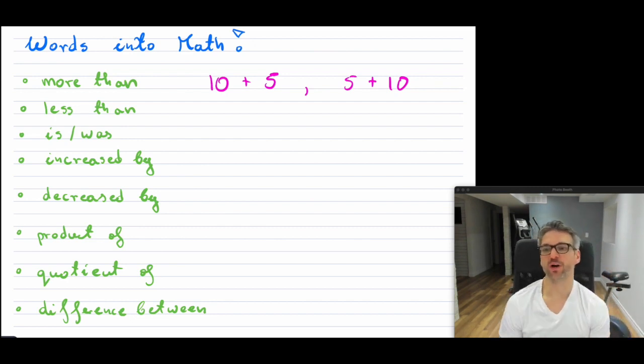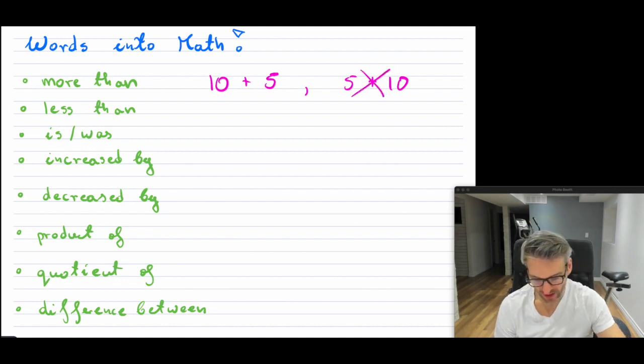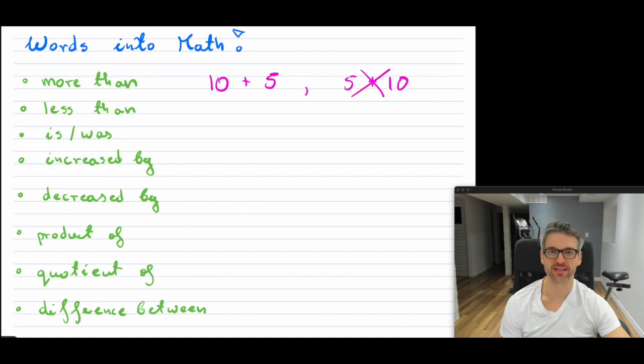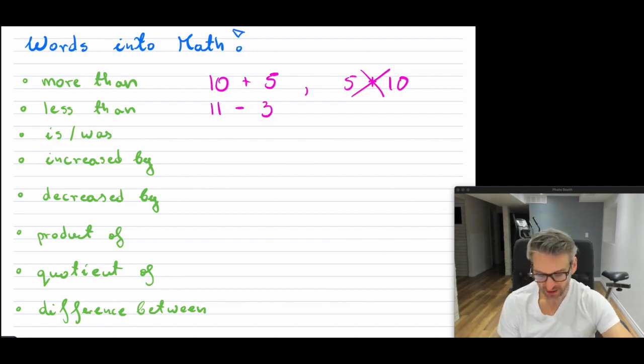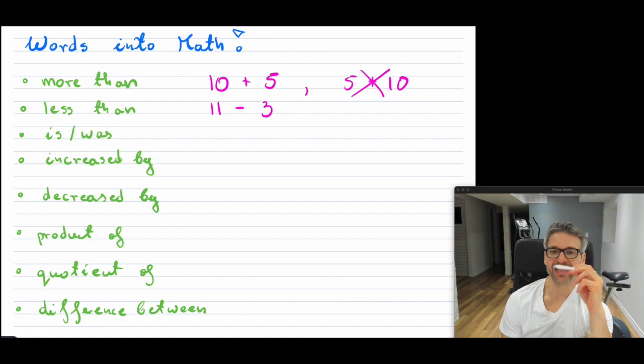Now, the second one is "less than." Just like more than, when you say less than, for example, 3 less than 11, you would write this as 11 minus 3, because it is 3 less than 11. So it goes backwards.